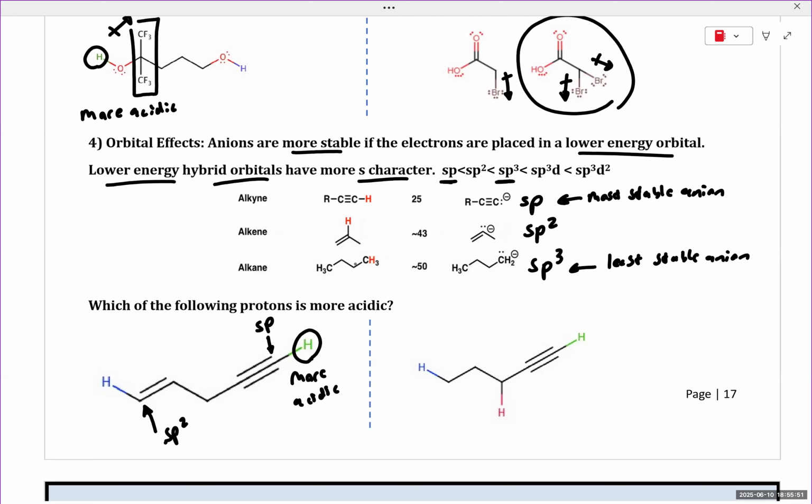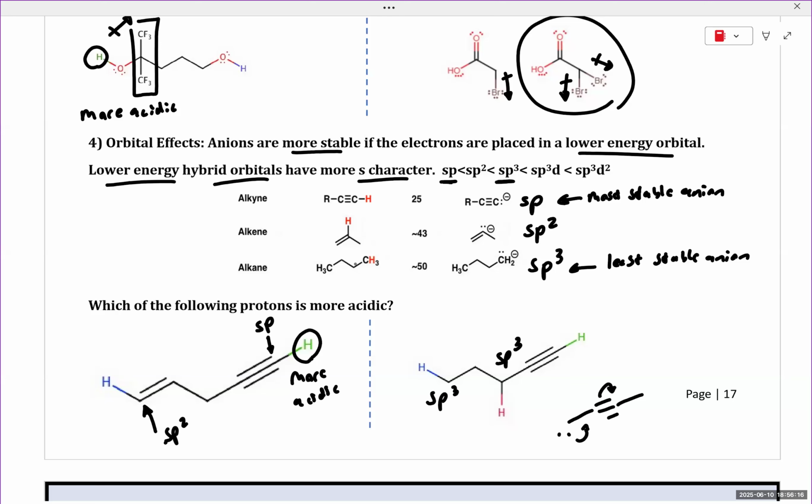Let's look at this next case. Here we have a bunch of alkanes and an alkyne proton. As we discussed, protons attached to sp3 carbons aren't particularly acidic, even though this hydrogen in red, you do have the potential to get a resonance stabilized anion. It's still not ideal.